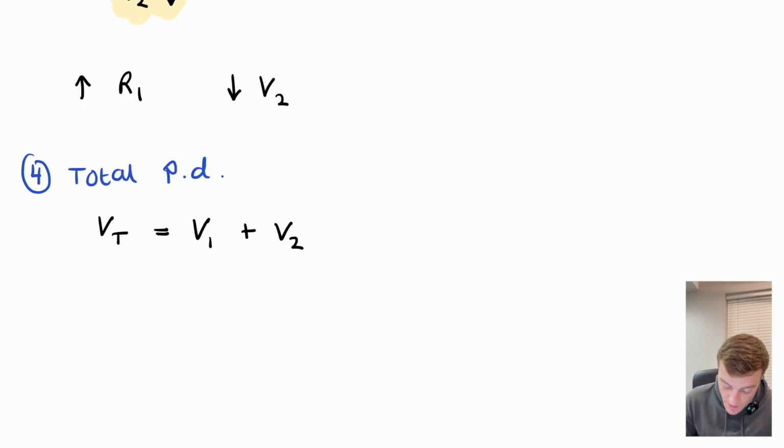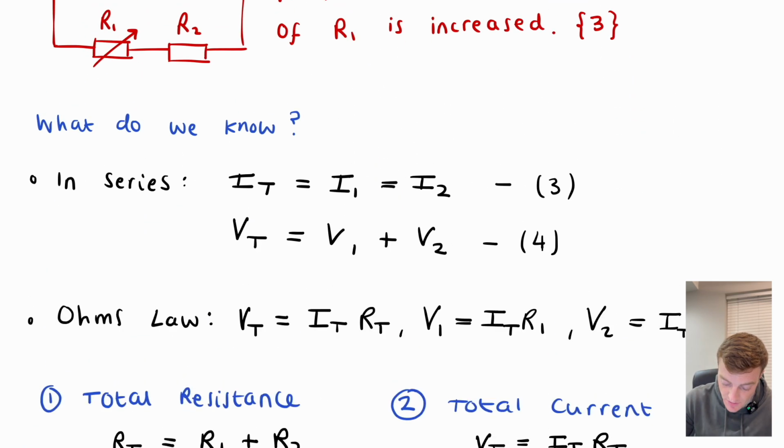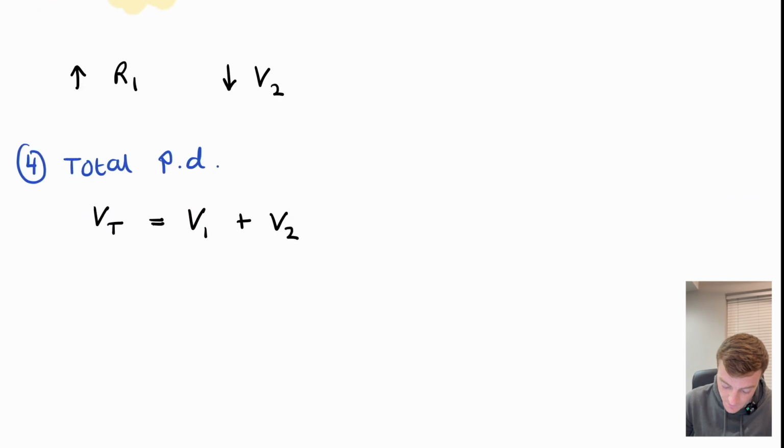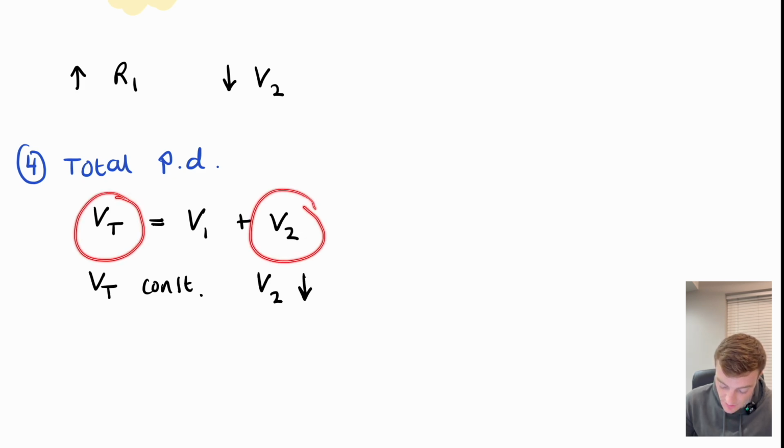We know that the potential difference supplied by the battery, VT, is constant because it's just a cell. So VT is constant. V2 decreases. So if this stays the same and V2 decreases, we need V1 to offset that decrease in V2 so that this doesn't change. So that means V1 increases.